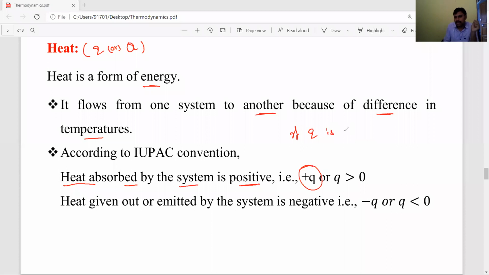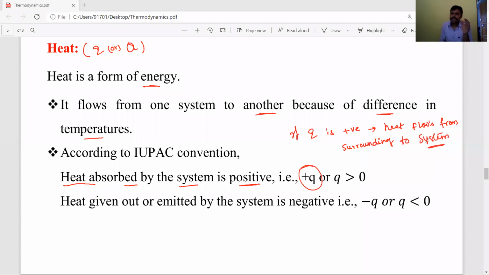Q is positive means heat flows from surroundings to system.